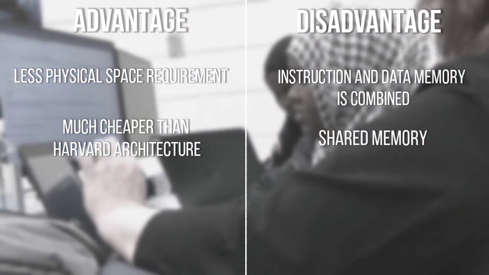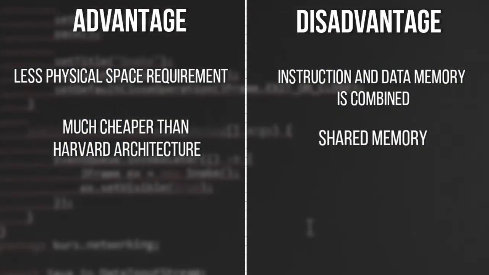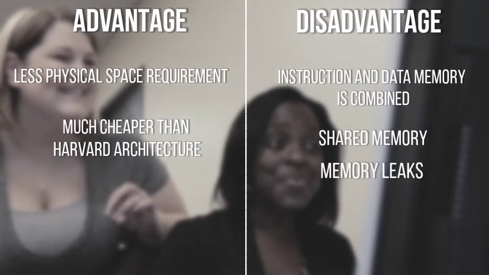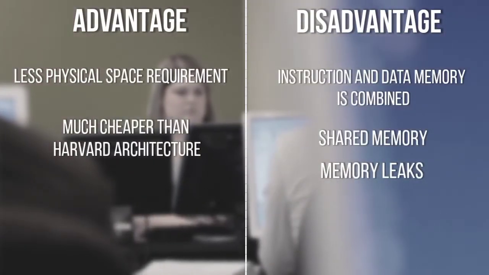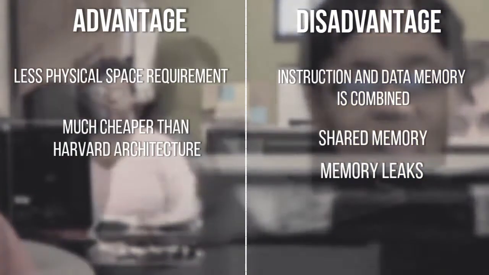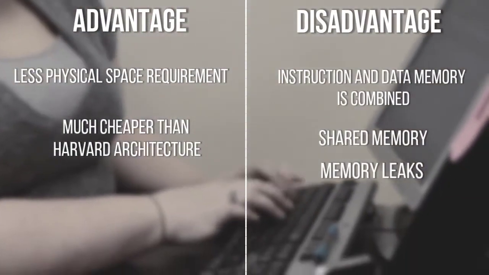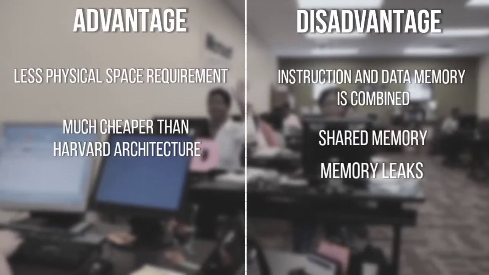Shared memory: a faulty program in memory may overwrite another program, causing it to crash. Memory leaks: some faulty programs fail to release memory when completed, which can cause the machine to crash due to insufficient memory.